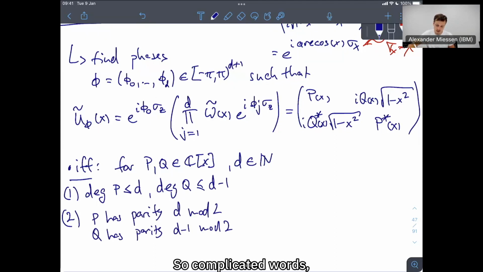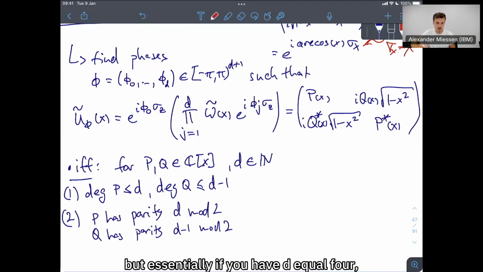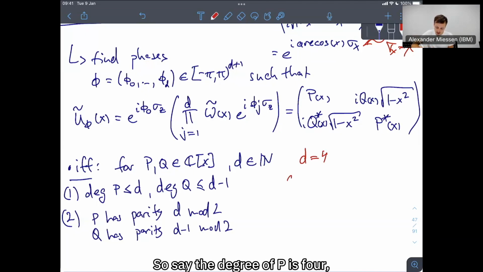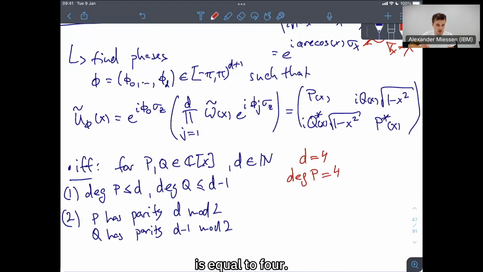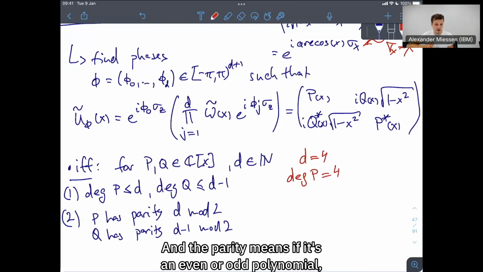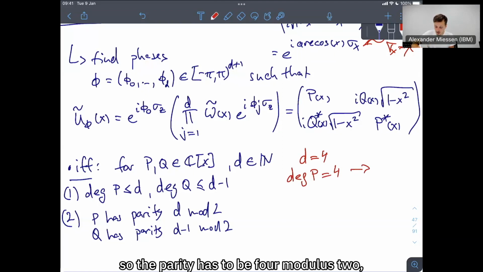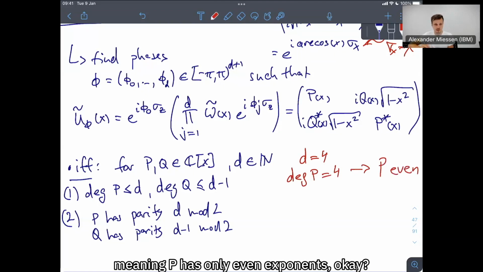So complicated words, but essentially if you have d equal 4, then the degree of p has to be smaller or equal d. So say the degree of p is 4, which means the maximum exponent in this polynomial is equal to 4. And the parity means if it's an even or odd polynomial. So the parity has to be 4 modulus 2. So it has to be 0, meaning p has only even exponents, okay?